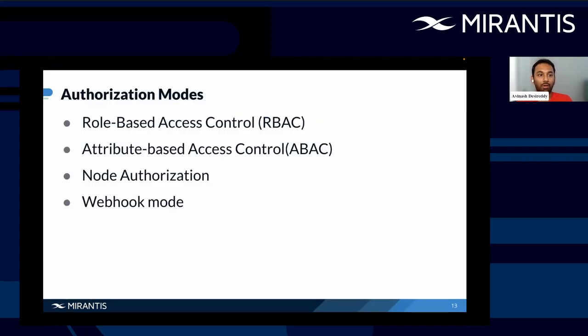Kubernetes supports different authorization models. The main one is the role-based access model, which is the popular method that we will be deep diving into. There are other methods like attribute-based access control, node authorization, and webhook.